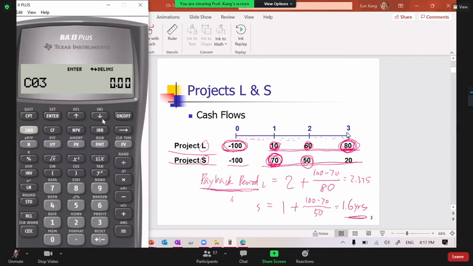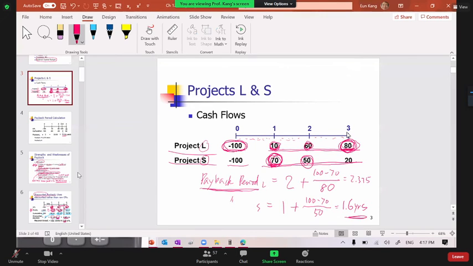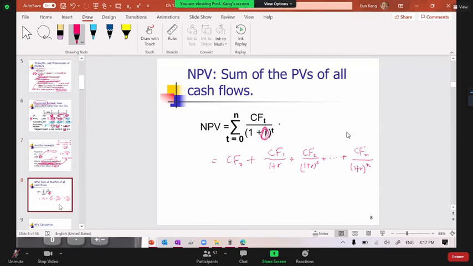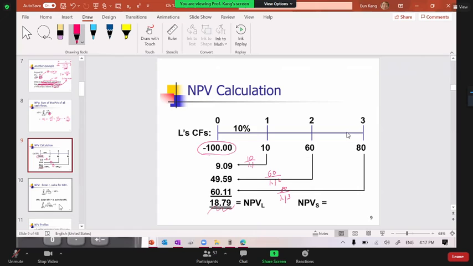And C3 is 20. Go to NPV. We assume 10%. 19.98. So the NPV of S is 19.98.